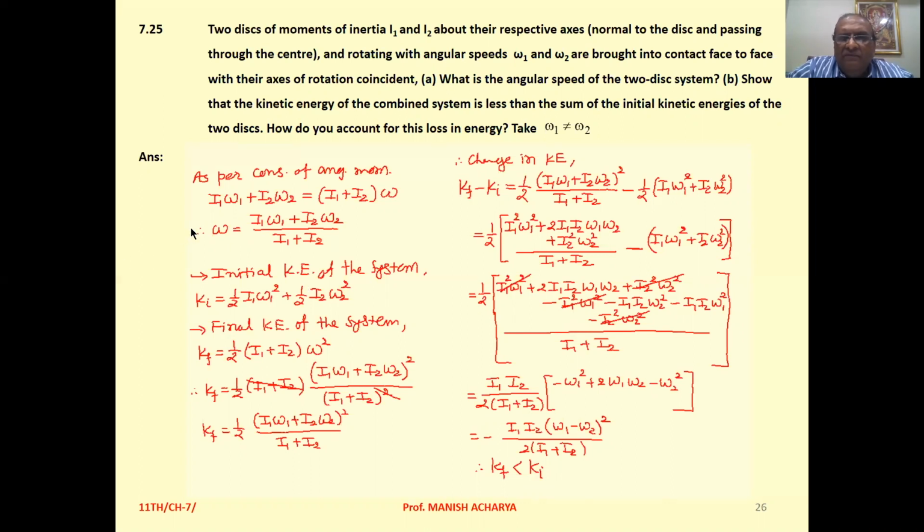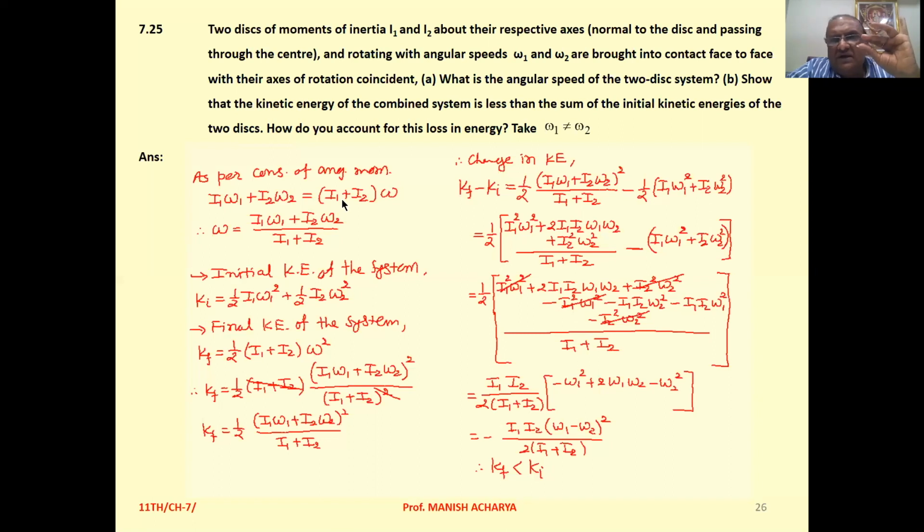Now here external torque is not acting, so angular momentum will be conserved. So initial total angular momentum, that is I1 omega 1 of the first disk plus I2 omega 2 of the second disk, is equal to the final angular momentum.